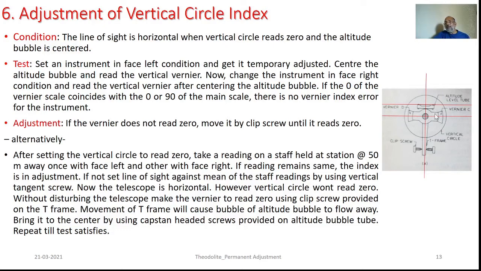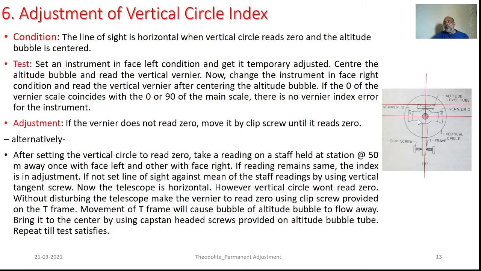It comprises a horizontal index arm, also called the Vernier arm, and a clipping arm perpendicular to this index arm, at the tail end of which there is a clip screw. Whereas on the other arm there is a vertical clamp as well as a vertical tangent screw.